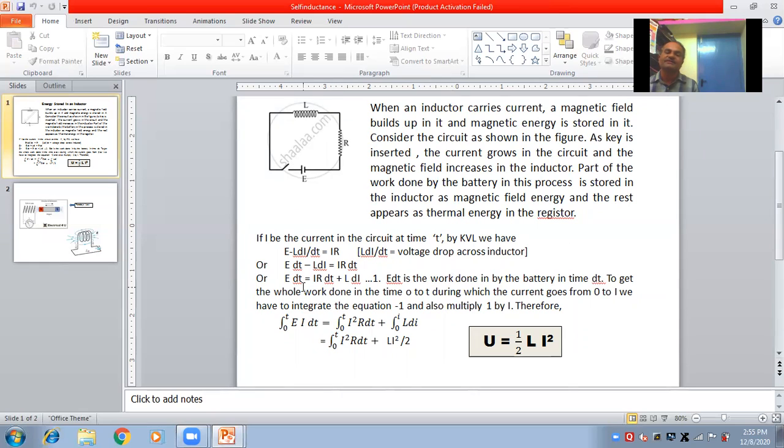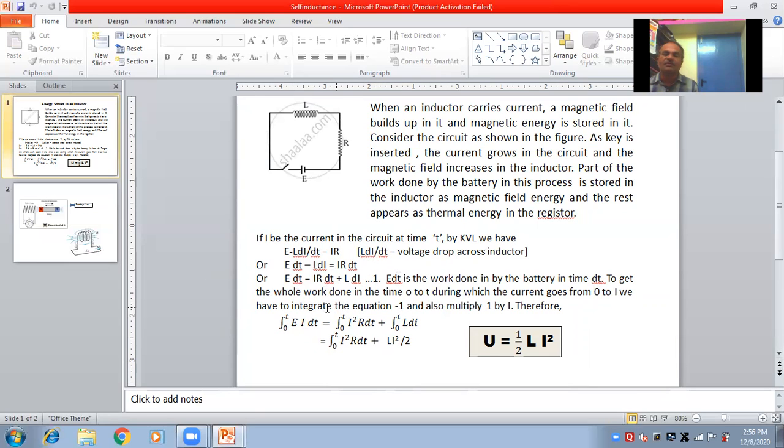Simplifying this equation and taking dt on both sides, you rearrange the terms like this. Here E dt is the work done by the battery in the time dt, because the work is done by the battery in supplying the electrical power to these two things. So that is written in this way.